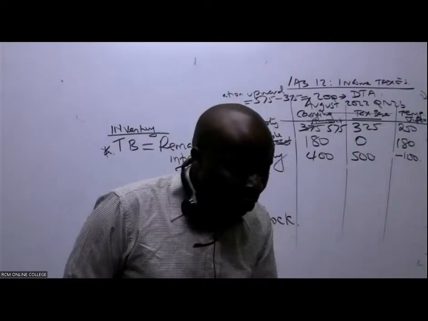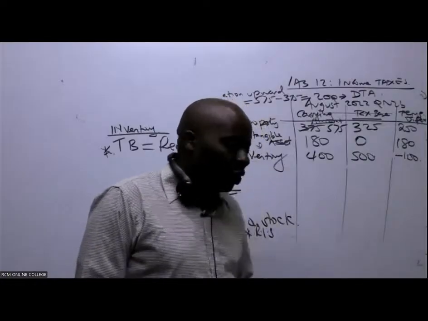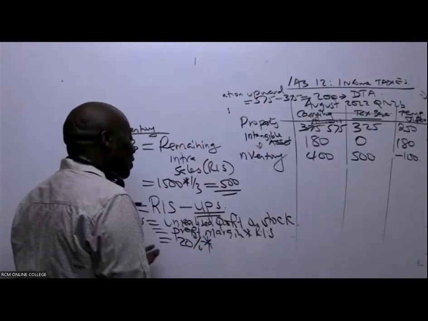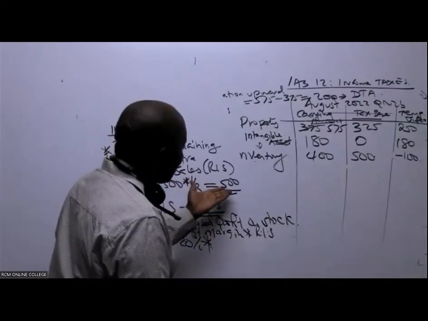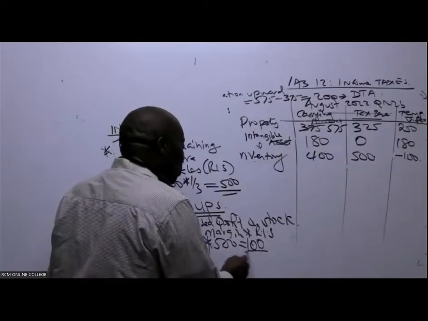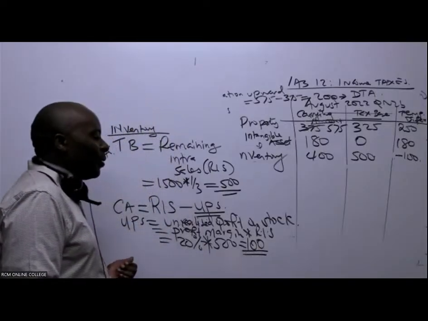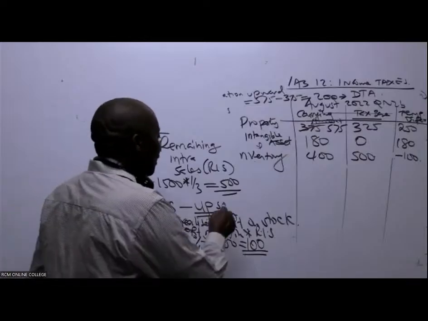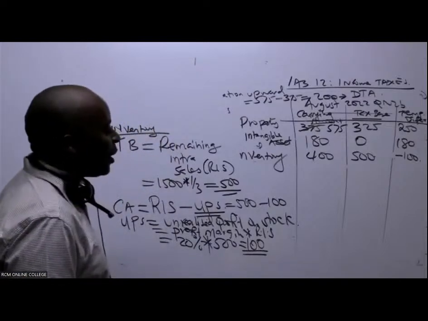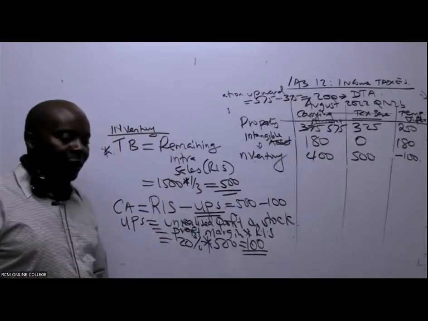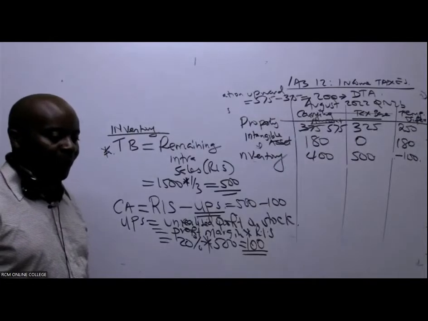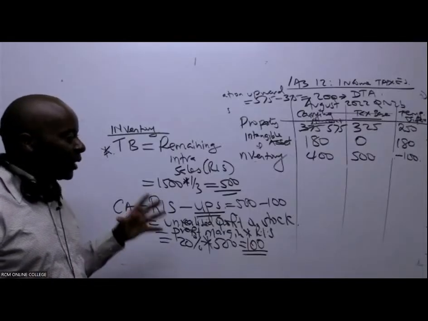We are told in note 3 that the profit margin is 20%. So 20% of 500, this is how we were able to get that 100 bob. And then our REIS here is 500 minus 100, that's how we were able to get 400. I hope now this makes some sense and you'll be able to follow it up.